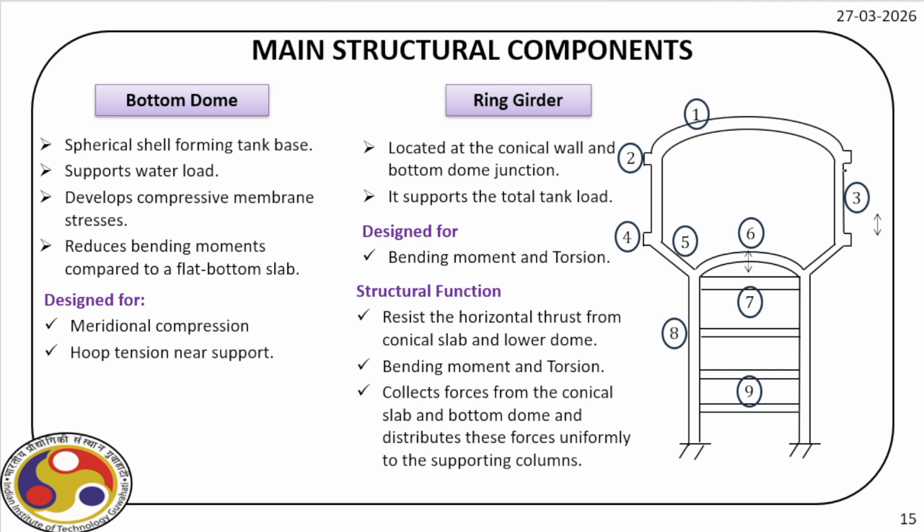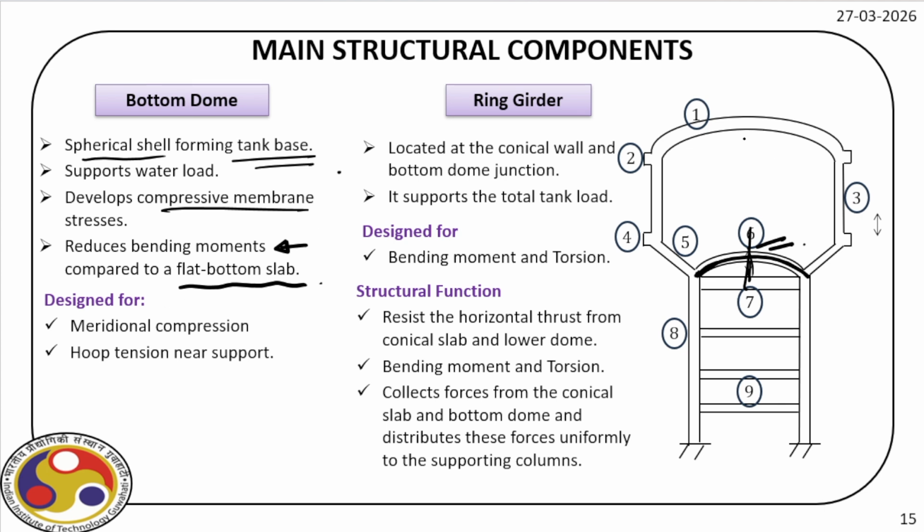Then comes the bottom dome, that is component number 6. It is again a spherical shell forming the tank base. It supports water load and develops compressive membrane stress because of this spherical shape. And if you take a section, this is more like an arch, and if you rotate that arch about the central line, you will get this spherical shell. So it reduces again bending moment compared to a flat bottom slab, which I have already explained.